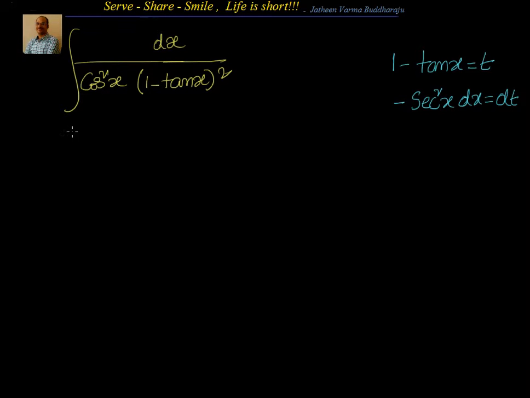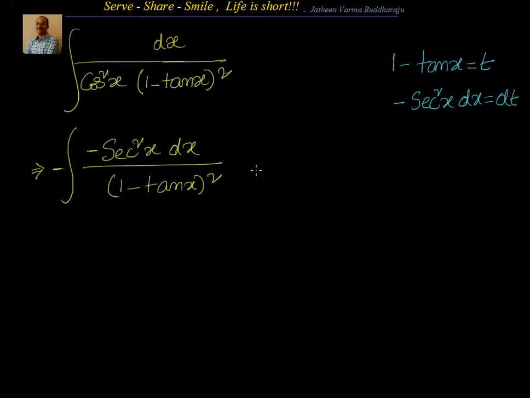Now I can go back and change this as minus of the integral of secant square x dx divided by (1 minus tan x) whole square, which is nothing but equal to minus of the integral of dt by t square.